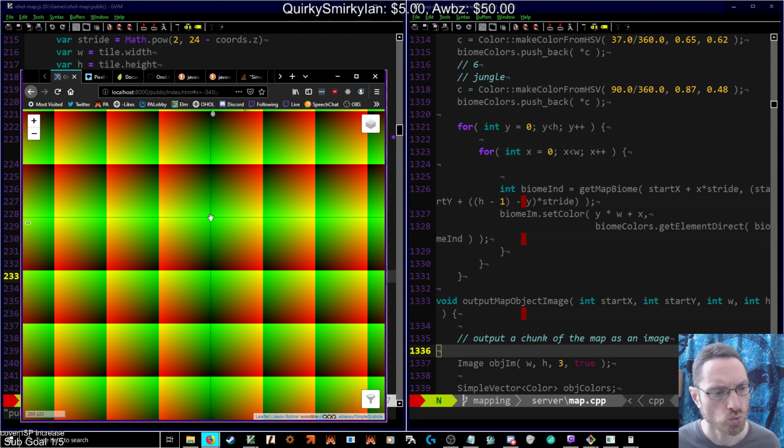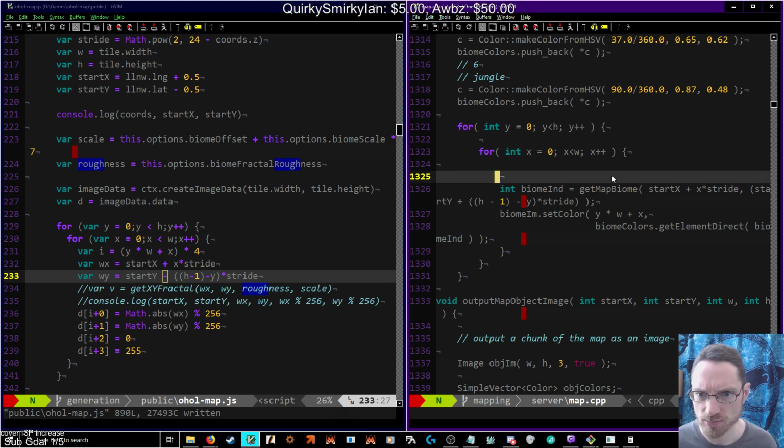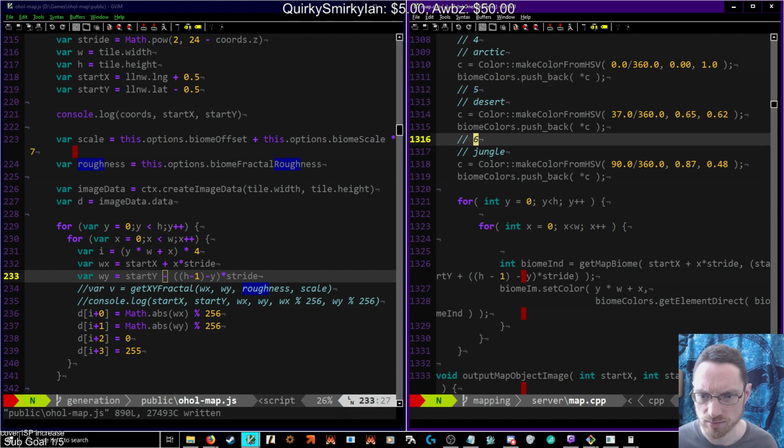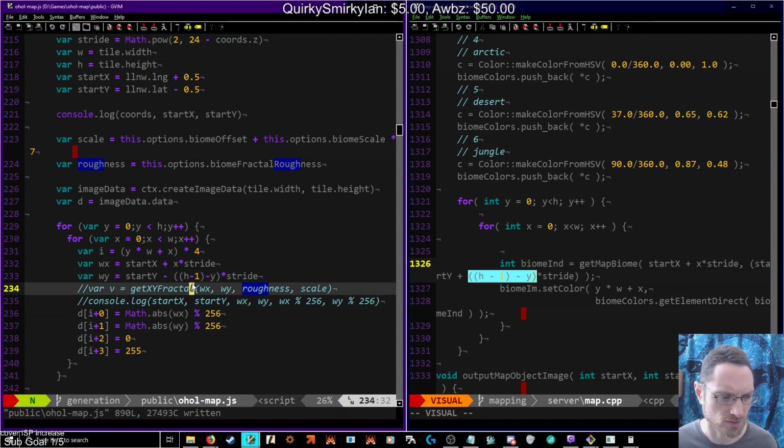Oh. That's consistent, but also backwards relative to x. Oh, maybe, did I get my multiplication in the wrong spot? Okay, so this one had this entire offset by stride.